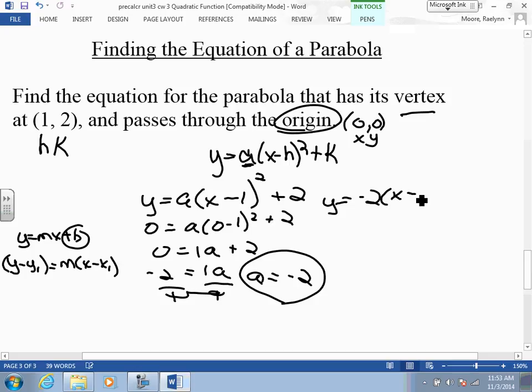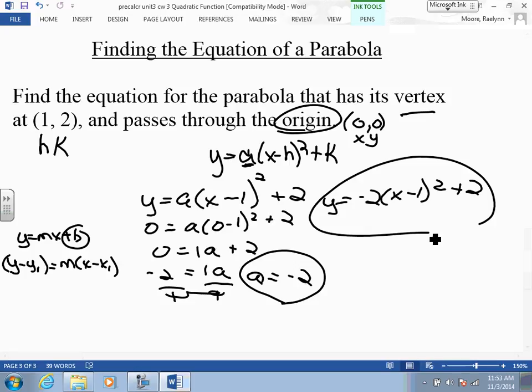Hang on, give me 1 second. There's your equation. Which way does your parabola open up? Down. What's your vertex? (1, 2). You put this in your calculator under y equals, and you look for the origin to pass through. Does it pass through your origin? Is that a point? (0, 0). You get to see it.